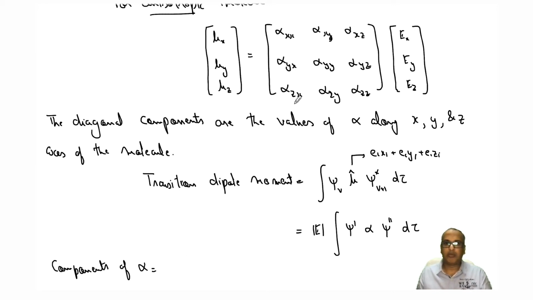There will be 6 components because it is a symmetric matrix, alpha xy is equal to alpha yx. So there will be alpha xx, alpha yy, alpha zz, alpha xy, alpha yz, and alpha zx.